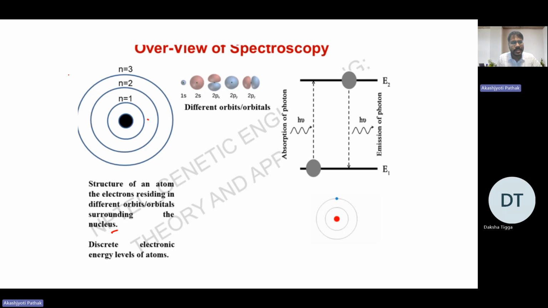In quantum mechanics terms, what we say is that there is a particular electron density where there is the maximum probability of finding the electron. So we do not say orbits, but what we say is that there is a particular density around the nucleus where the probability of finding the electron is maximum. So these are called the energy levels, and these energy levels can also be called orbitals. Right. When we excite this, the emission can be in different ranges of the electromagnetic radiation.